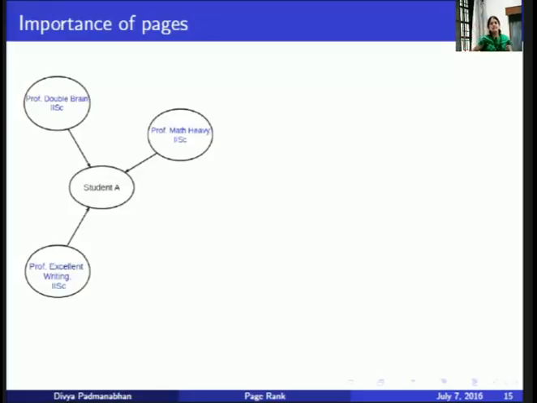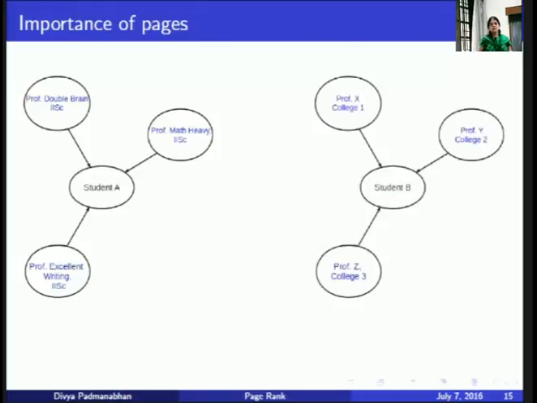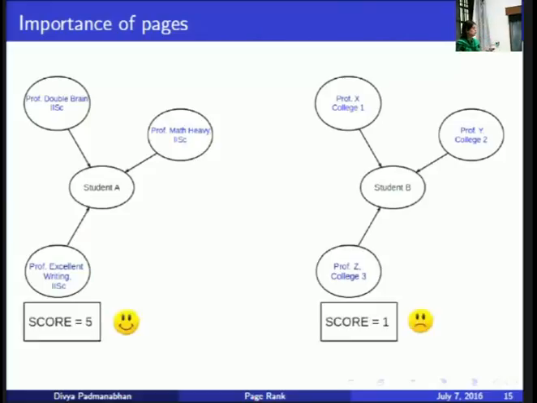All these people give him good recommendations. On the other hand, another student gets recommendations from reasonably well-known professors. These guys are much better known, so Student A has better chances of cracking the admissions. So he gets a score of 5 and the other student gets a score of 1.